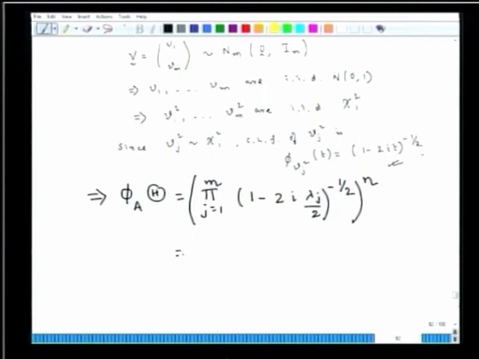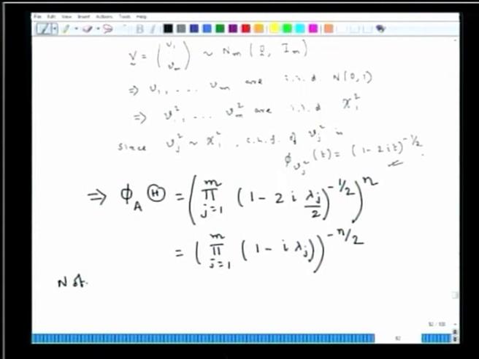So what is this? This can be written as the product over j equal to 1 to m of 1 minus I times lambda j, where I take the power minus n by 2 outside and keep it here. Now what is this quantity?